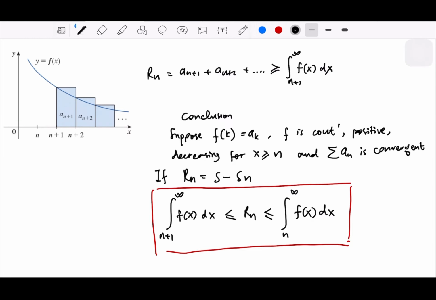So from these two integrals, we know at least the maximum error or the minimum error.